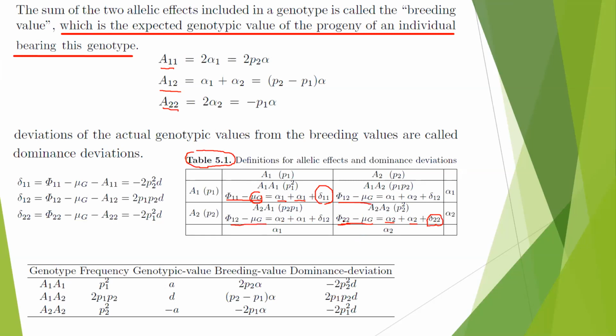So here we have one allelic effect from the first allele and the other allelic effect from the second allele. Because think about it: these two alleles come together to form this genotype, this progeny.